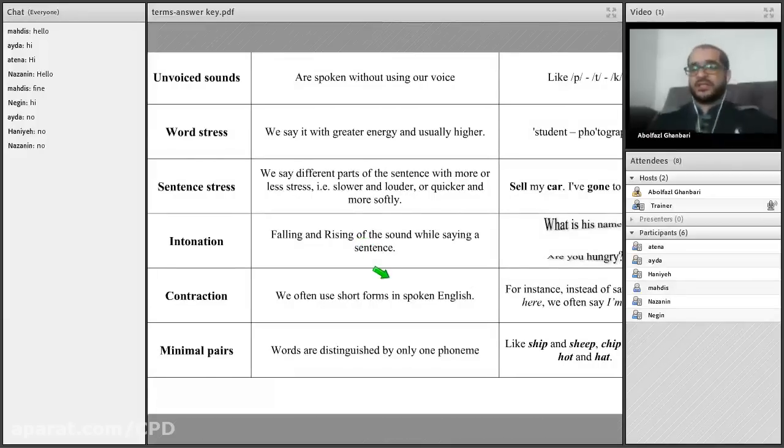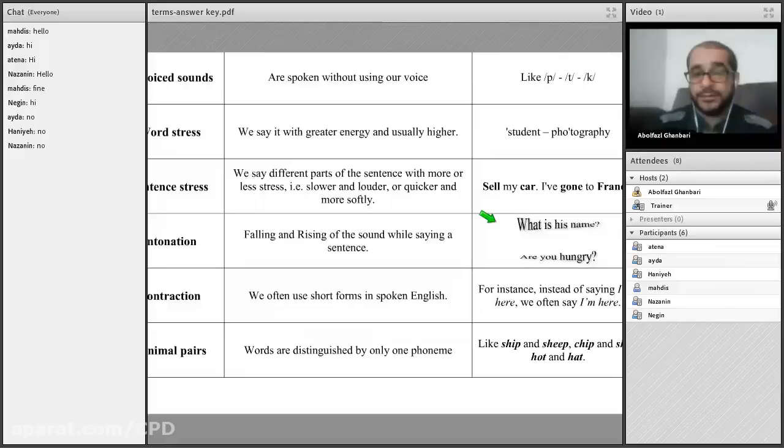The next one is sentence stress. One part of the sentence has more or less stress. I mean, we say louder or slower, quicker or softly. For example, sell my car.